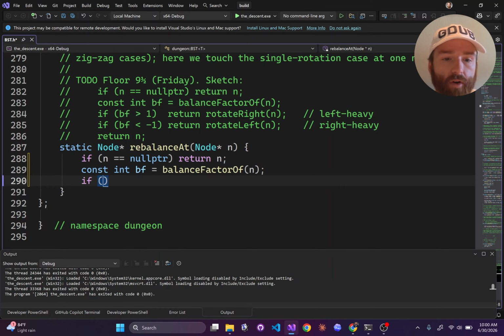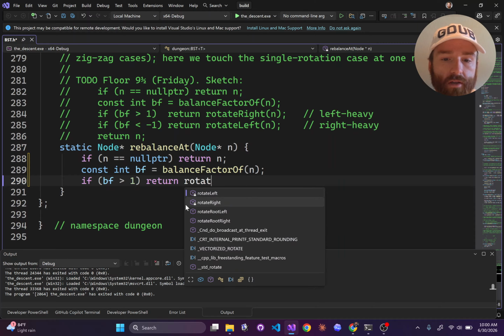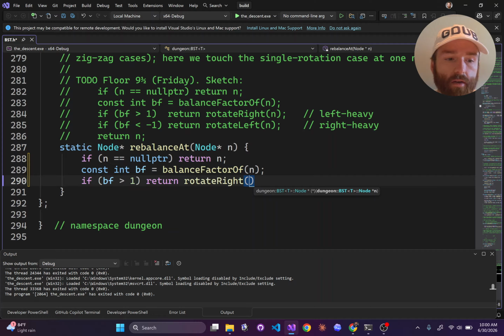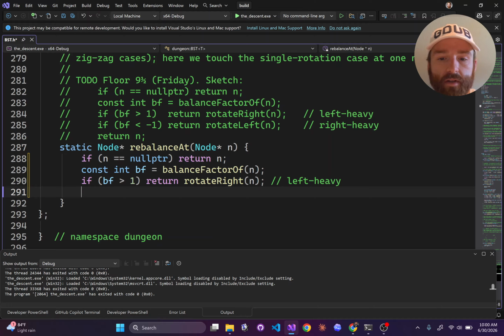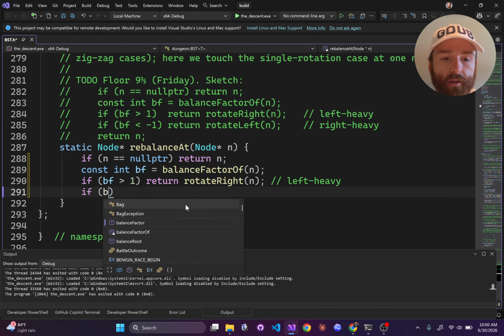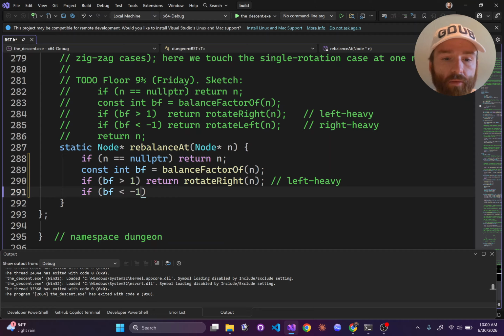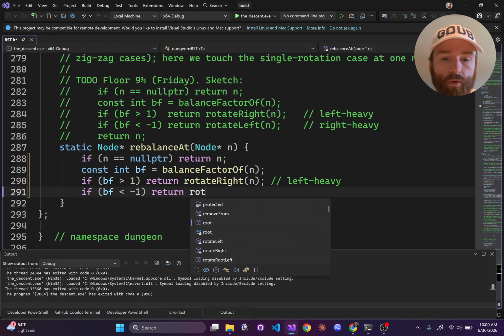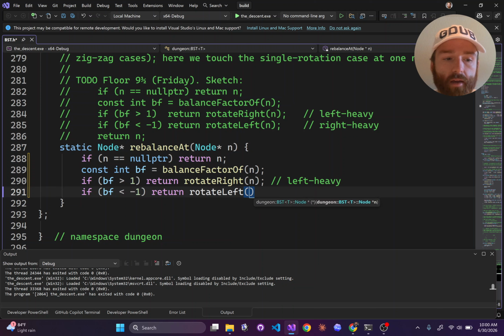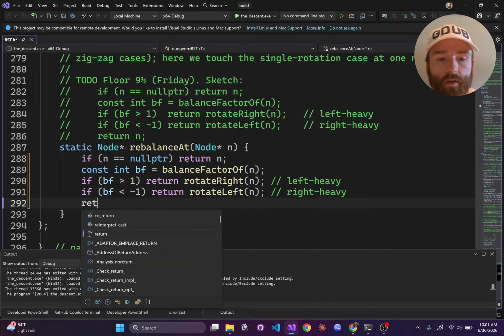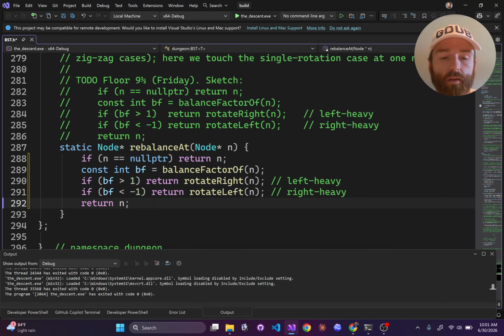We'll then say if our balance factor is greater than 1, we will return rotate right at n. So this is our left heavy scenario. Say if balance factor is less than -1, return rotate left of n. This, of course, is our right heavy scenario. And then otherwise we return n.